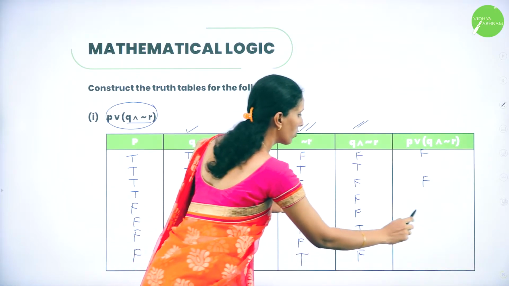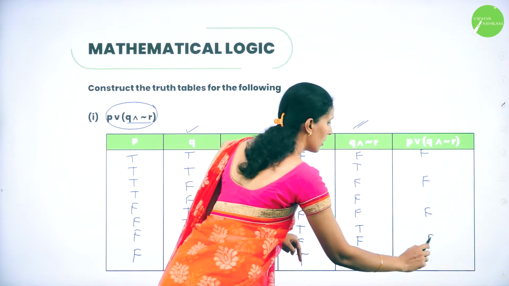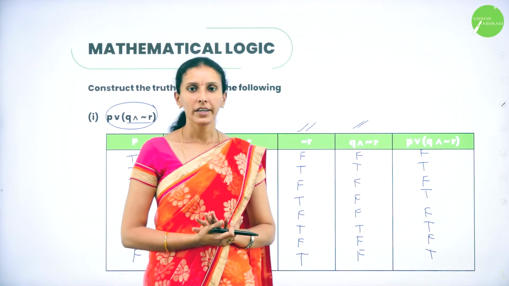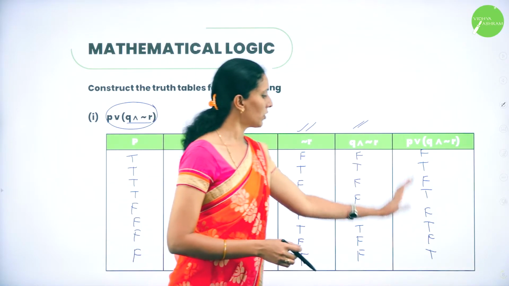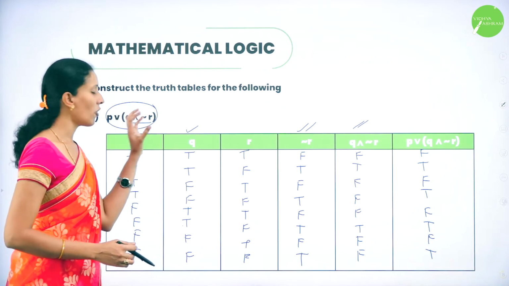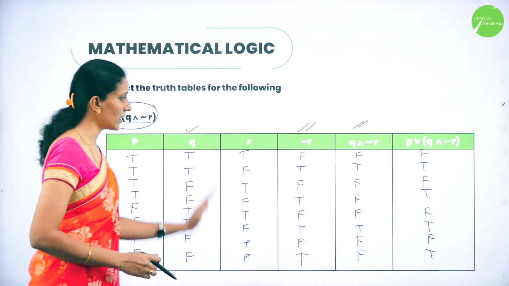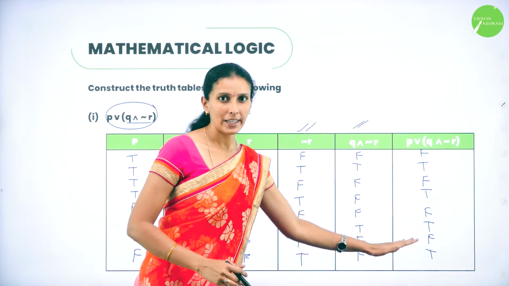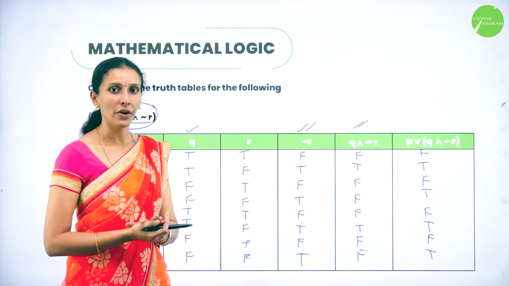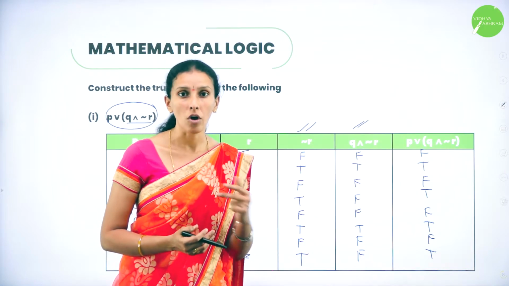Next we have the fourth one as false. Next we have the fifth one as false. In all the other cases it is true. So here we have found the answer for the given proposition. So whenever the combinations of all the connectives are given in one proposition, we have to write it in the form of a table and write their truth values. So this is where we can analyze whether the given statement is tautology or contradiction.